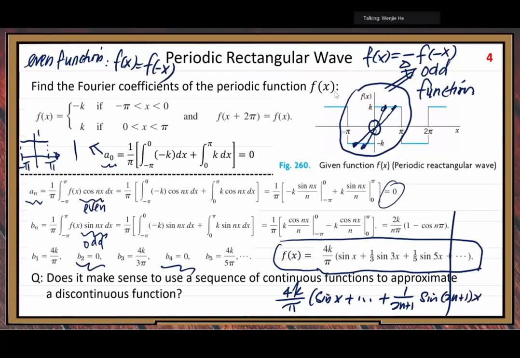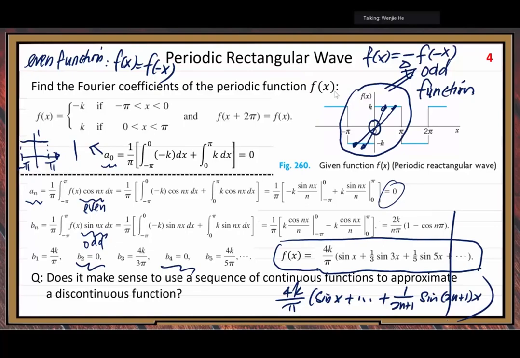Then we stop, and then we can increase the number of terms. But the truncated version is always a continuous function.